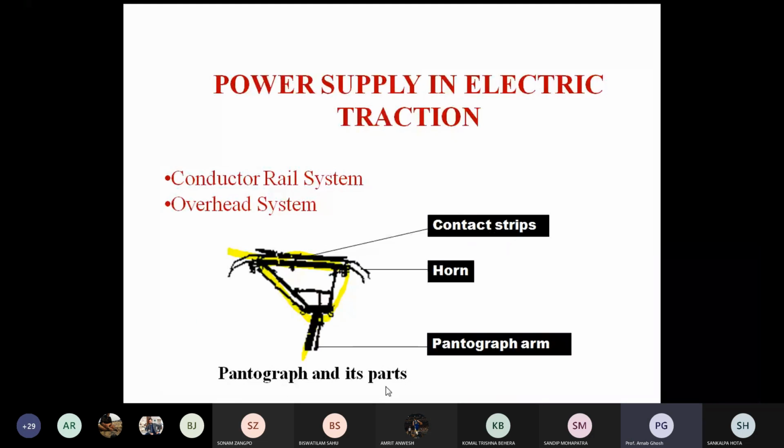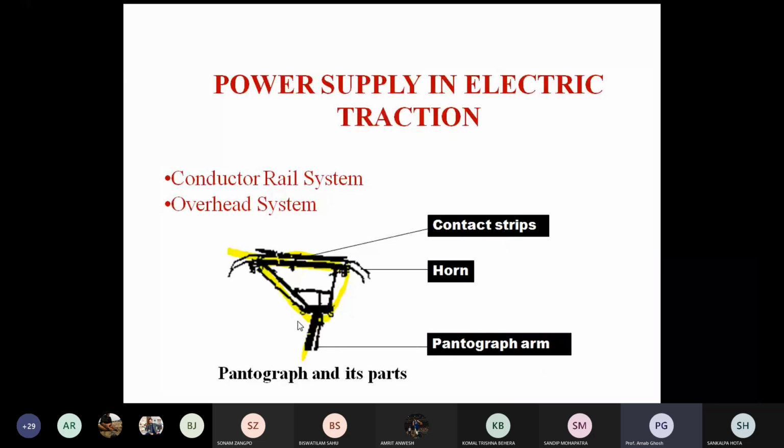Contact strip means, if you see the detailed structure of the pantograph in any workshop, you can see there is a big screen holding the pantograph within the roof of the locomotive and the overhead conductor.